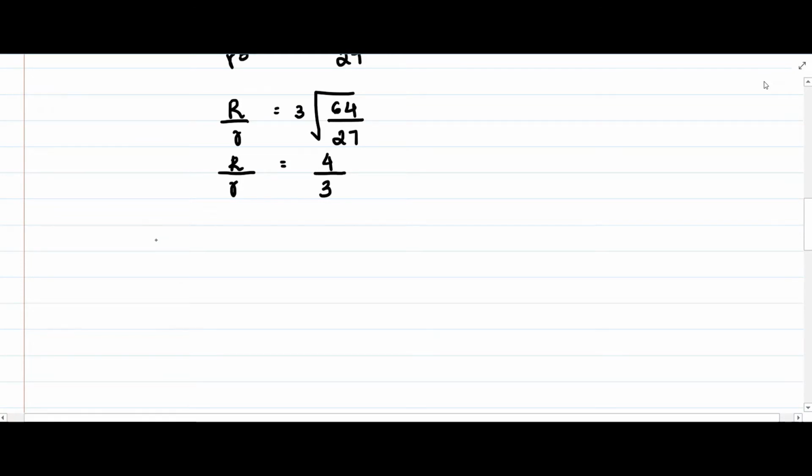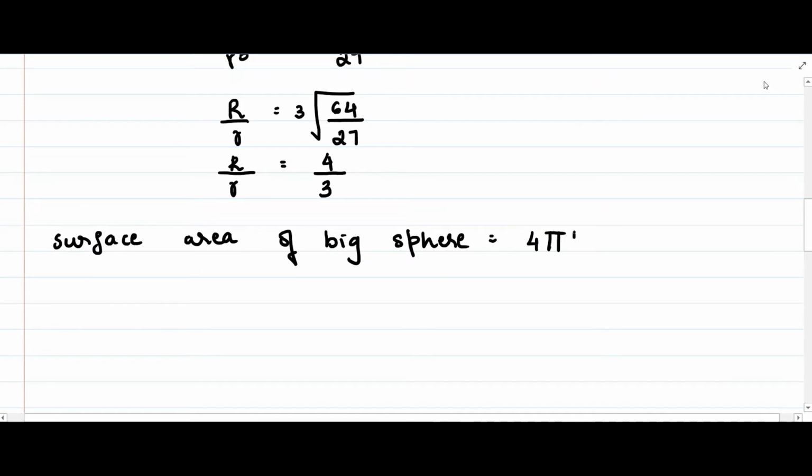Now, what is the question? We have to find the ratio of the surface area. So let's write the surface area formula. Surface area of big sphere equal to 4 pi capital R square and surface area of small sphere equal to 4 pi small r square.